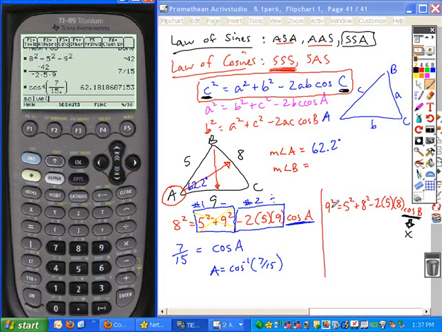So if we type in solve, and we say 9 squared is equal to 5 squared plus 8 squared minus 2 times 5 times 8 times x. I'm letting x be the entire quantity cosine of B. Okay.